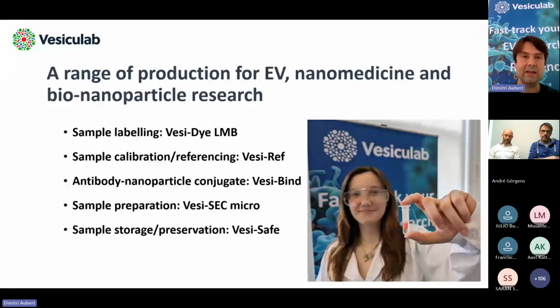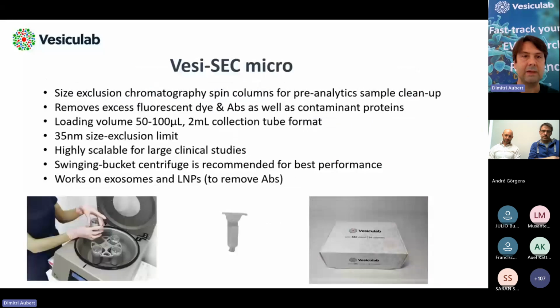And finally, size exclusion chromatography spin columns for the preparation of extracellular vesicle samples before analytics or functional assay. This aspect I will briefly discuss here. So Vesi-Sec micro, a size exclusion chromatography column, assists the sample preparation to remove unbound dye molecules, as well as antibody that is present after the staining of EVs before flow cytometry, fluorescent NTA, fluorescent MRPS, as well as functional assays like imaging.